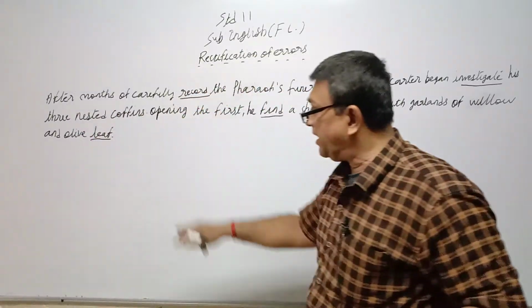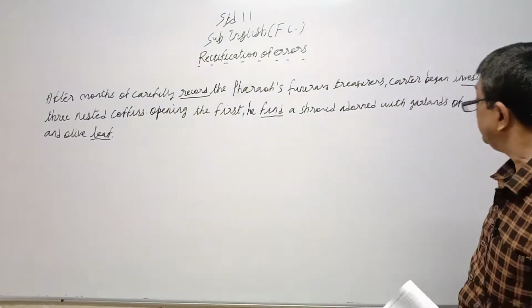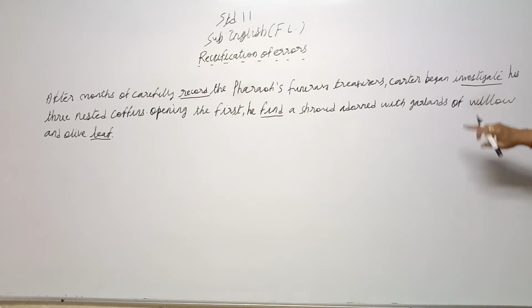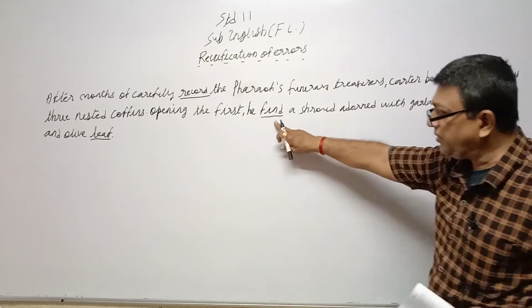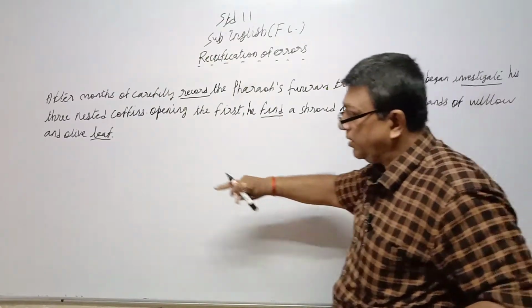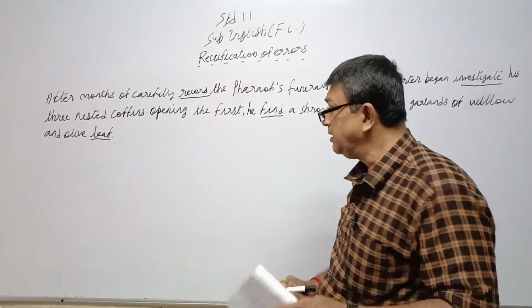Record is an error. Right word is recording. Investigate is an error. Right word is investigating. Find is an error. Right word is found. Leaf is an error. Right word is leaves.